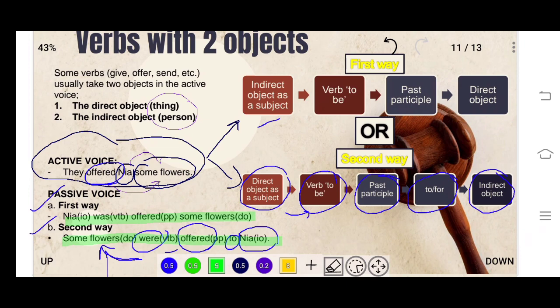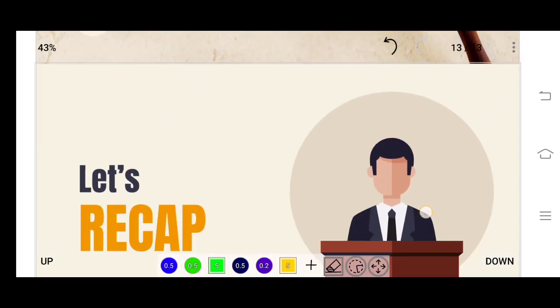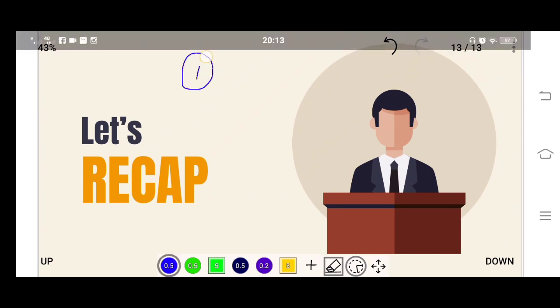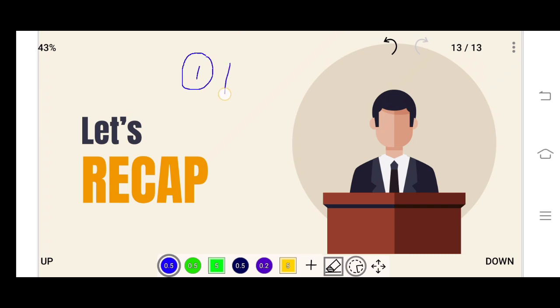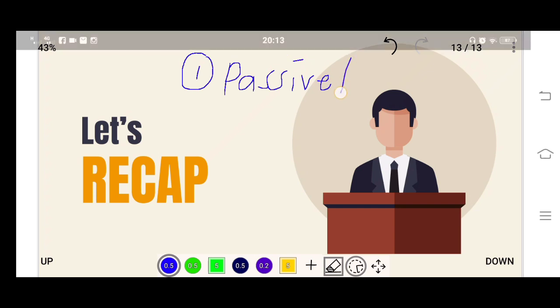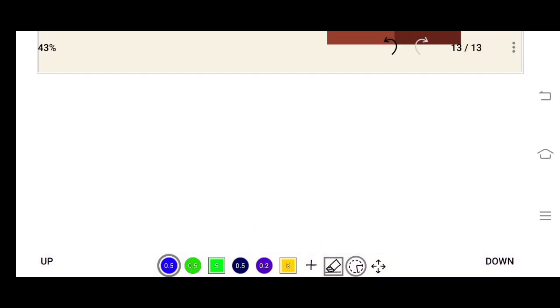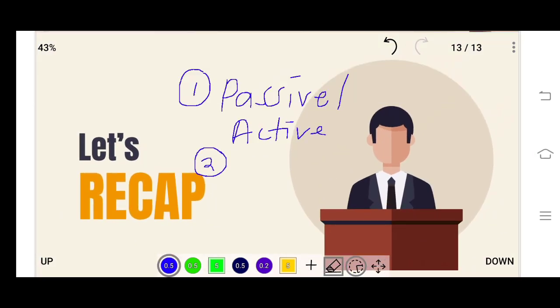Okay, so let's move on and recap. Today we have learned many things. The first one is passive voice: what is passive voice, what is active voice. The second one is how to change from active voice to passive voice.